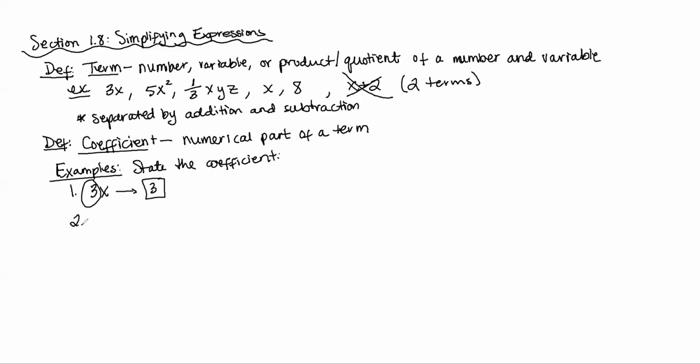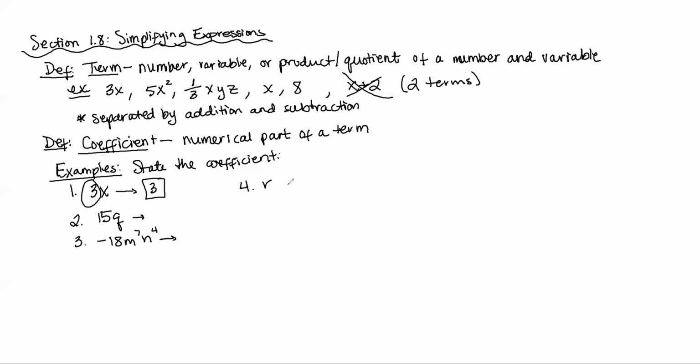Most of these are pretty straightforward. A couple ones at the end are going to be a little bit trickier, but go ahead and try as many of these as you can. So number 2 is 15q. Number 3 is negative 18m to the 7th and to the 4th. Number 4 is r.